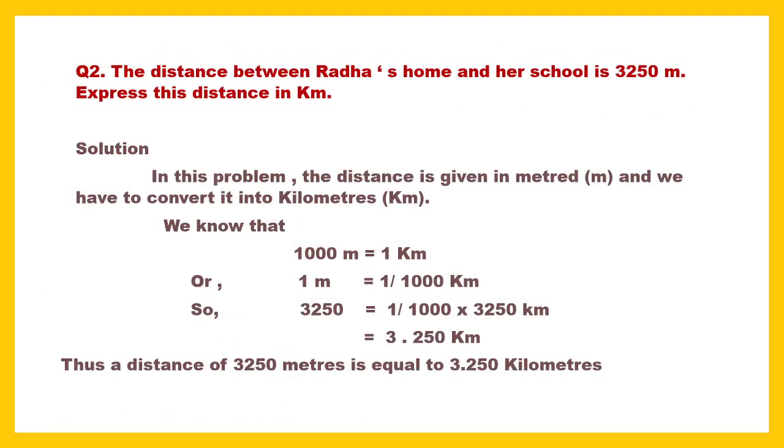Next, we are proceeding to the next numerical, which says that the distance between Radha's home and her school is 3250 meter, express the distance in kilometers.